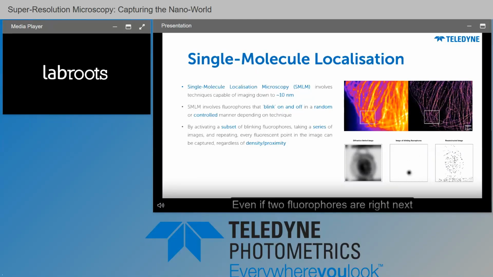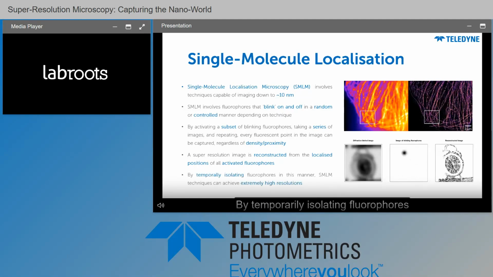Even if two fluorophores are right next to each other, if you image one and then it blinks off and you image the other one, you can separate them temporally. A super-resolution image is then reconstructed from the localized positions of all activated fluorophores. By temporarily isolating fluorophores in this manner, SMLM techniques can achieve extremely high resolutions.